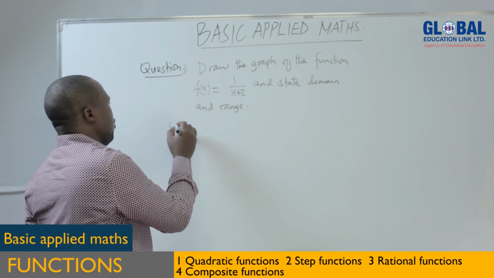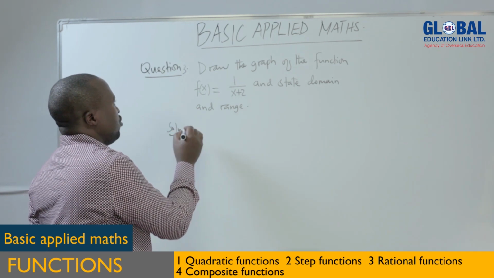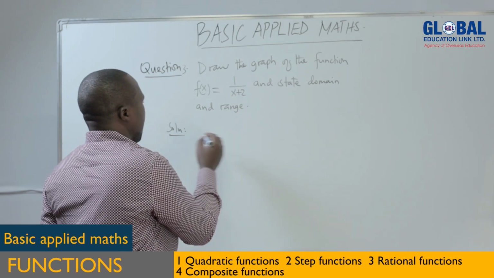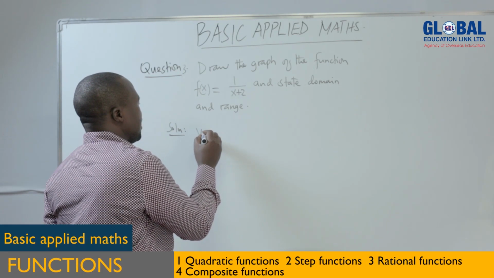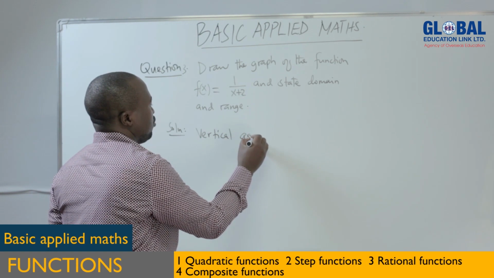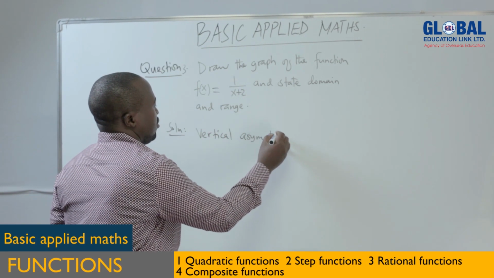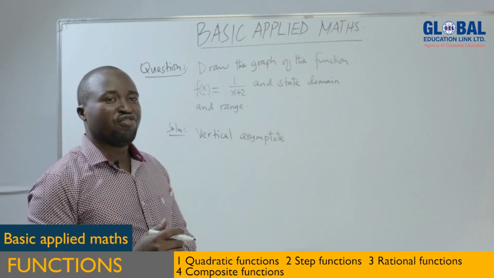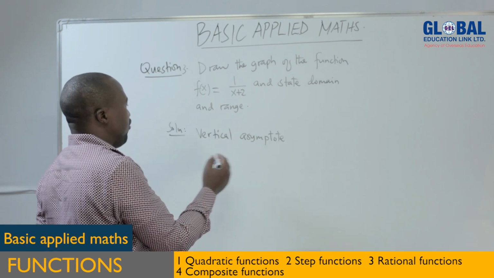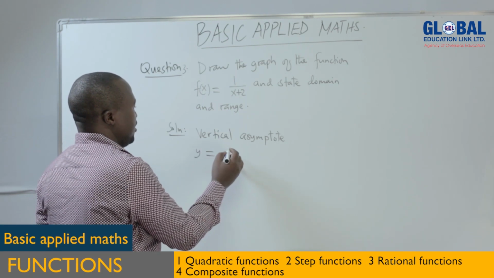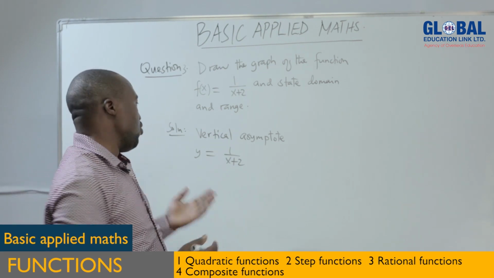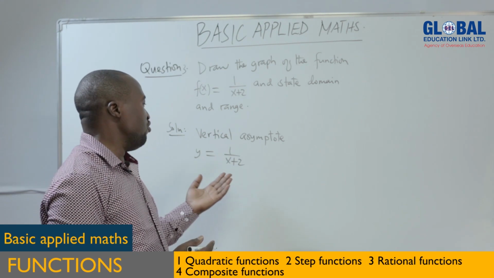Now, before drawing the graph, we have to find the vertical asymptote. So of course we let our function as y is equal to 1 over x plus 2. So here y is written in terms of x.